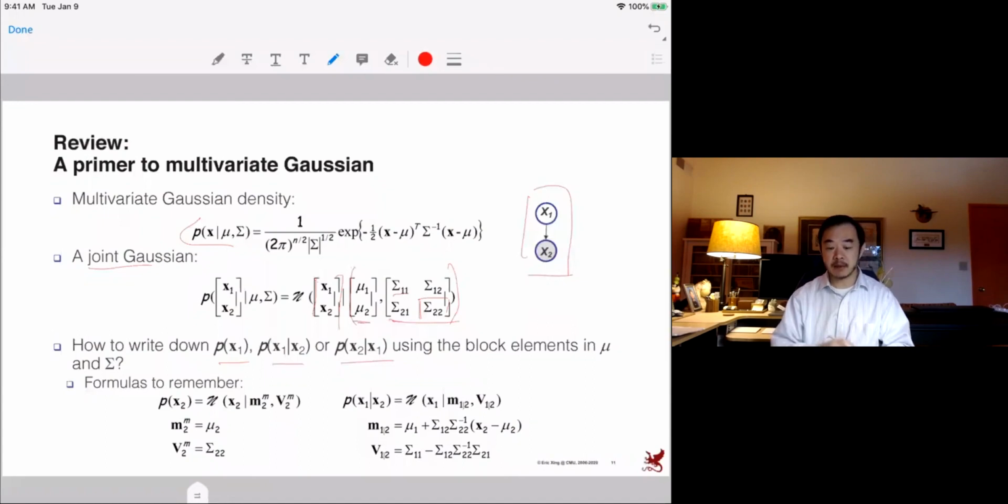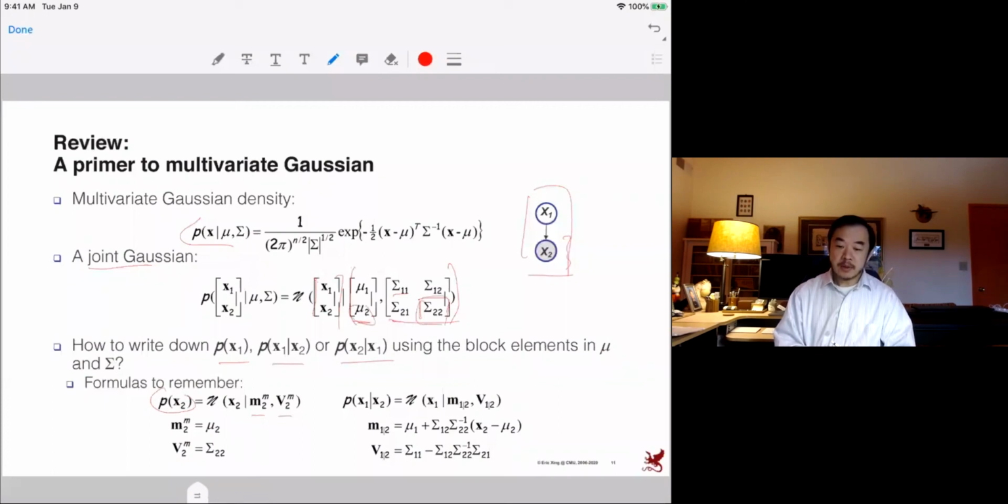It's just a mechanical manipulation. For example, we can write down the marginal of x2, which is this subvector. And we saw that already. It's basically directly reading off from mu2 and this block, okay?